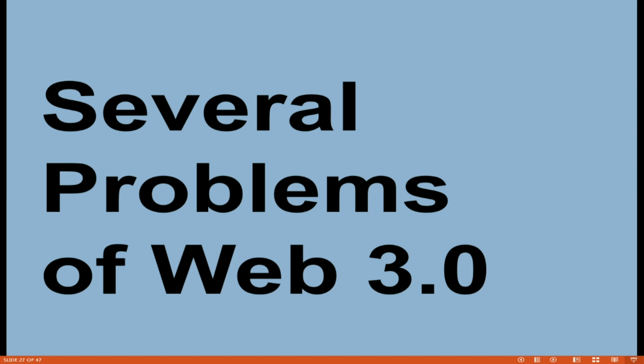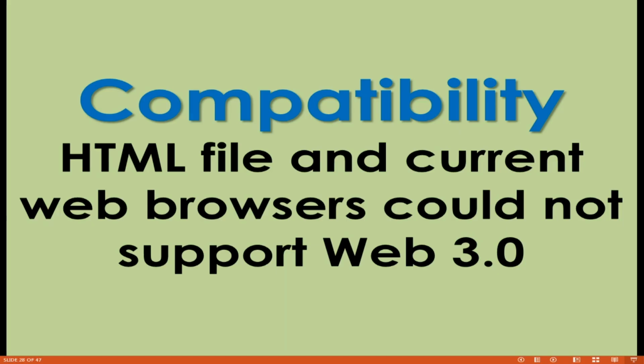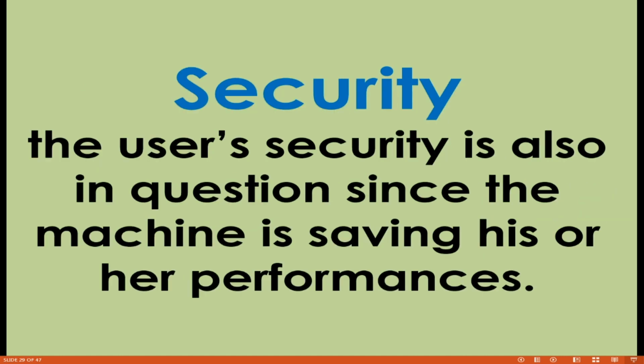Let's talk about the several problems of Web 3.0. First is compatibility. HTML files and current web browsers could not support Web 3.0. Next is security. The user's security is also in question since the machine is saving his or her preferences.